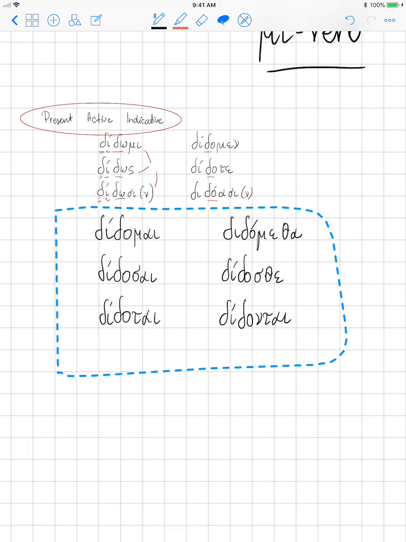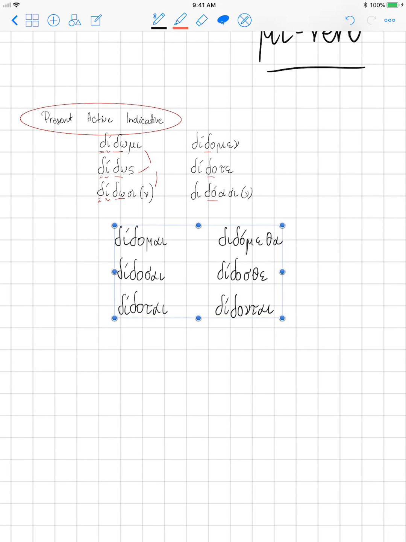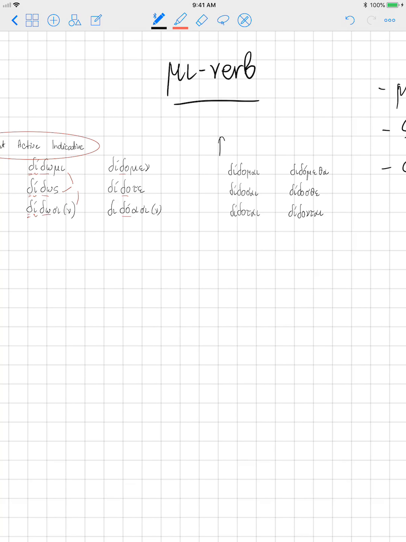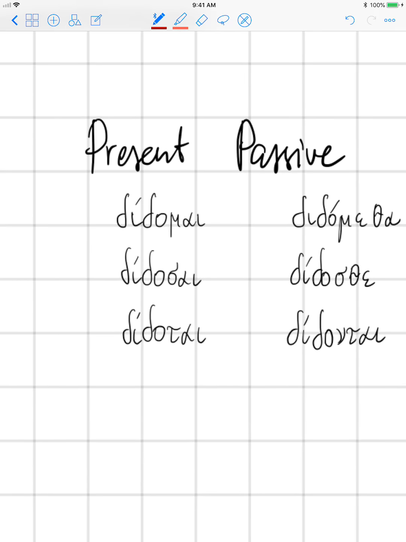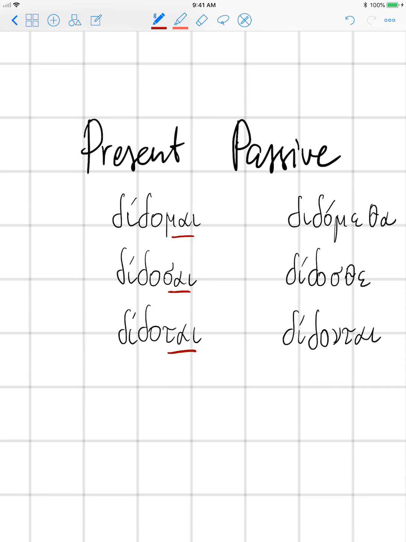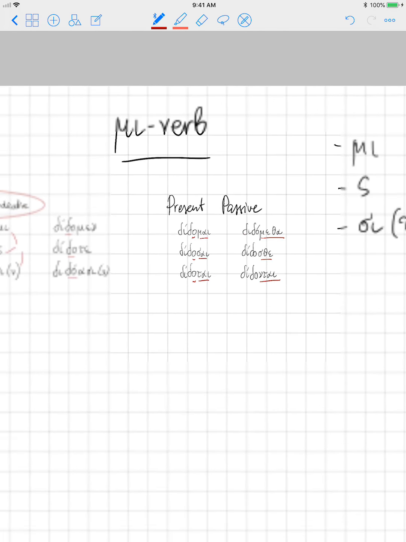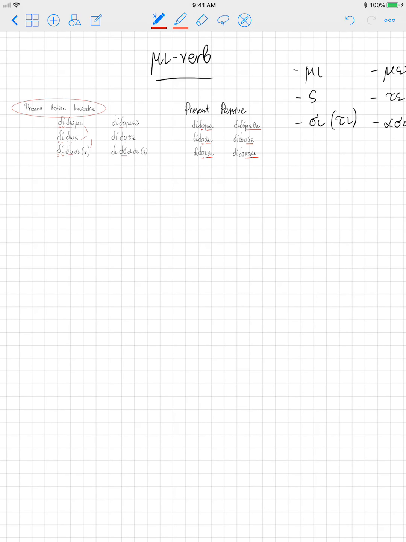So that was our present passive indicative. The first one was active. The second one is passive. So again, the only difference is mai, sai, tai, metha, sthe, and ntai, no omega, just omicron. Okay, that would be the present.